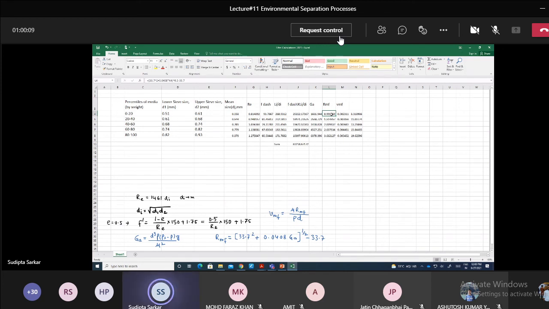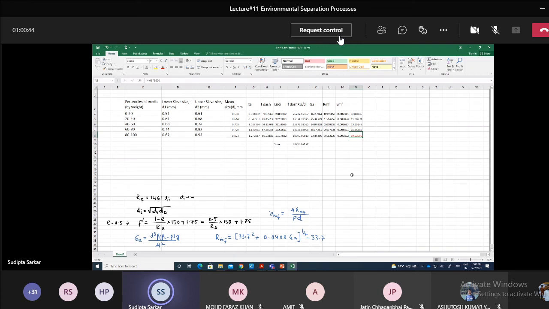Sorry, we have 0.0. Alright, so we get this number 19.62 as the highest velocity that you need to provide. So this is the one that we will use, and your design backwards velocity would be 1.3 times of this.